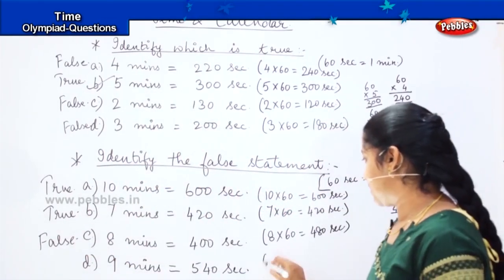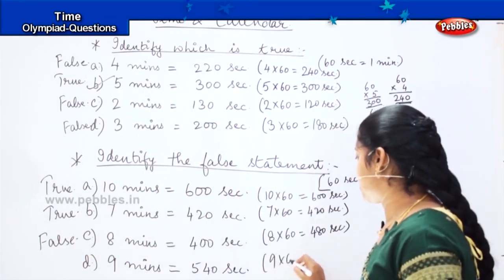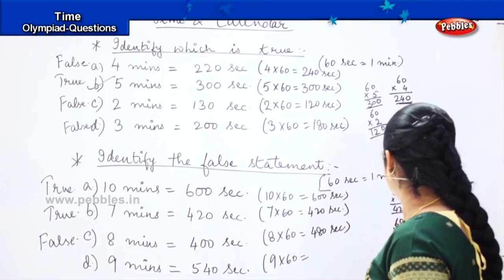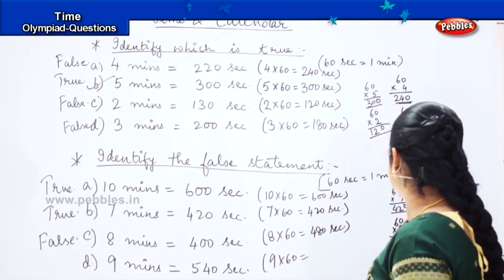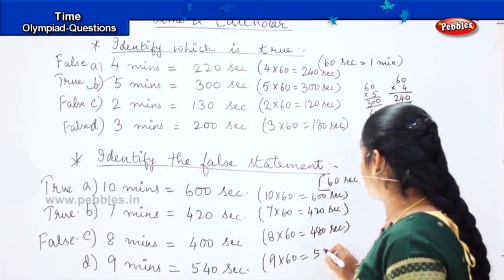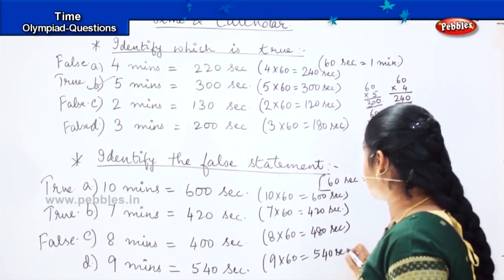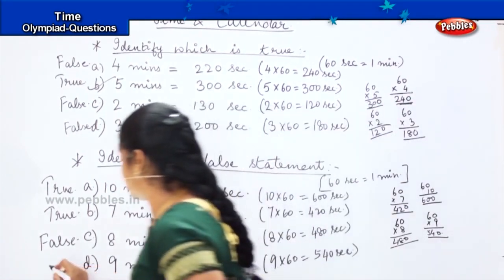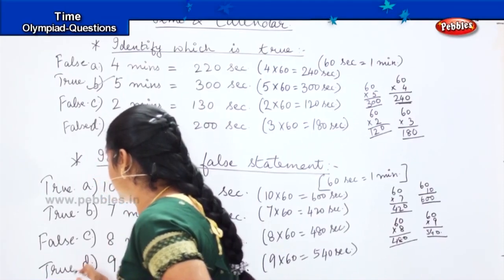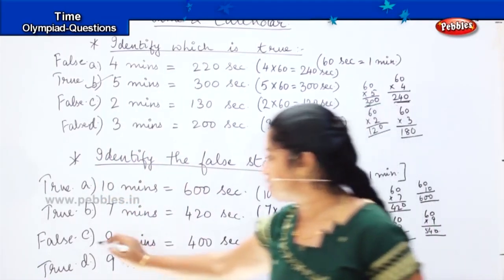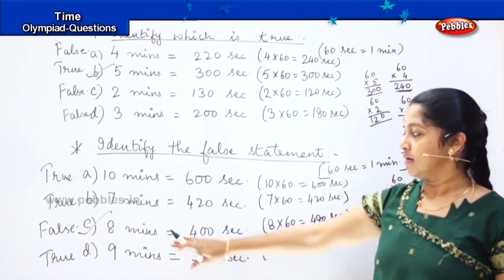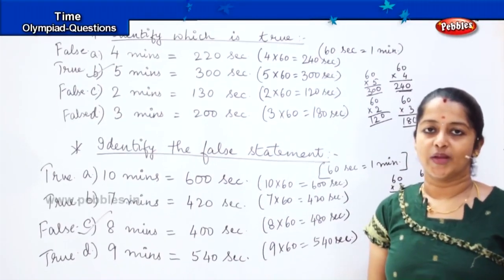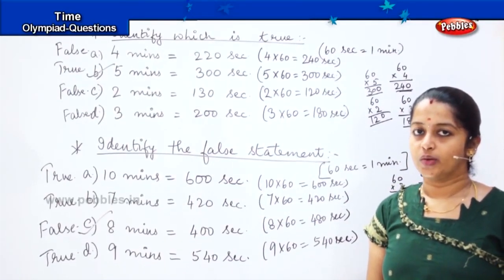The last one is given as 9, so 9 into 60. 6 9s are 54, so I should get 540 seconds, which is true. So C is the answer for this particular question. Are you clear, children?